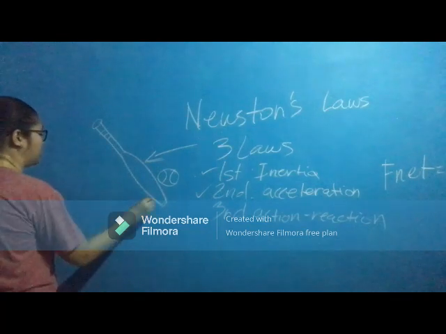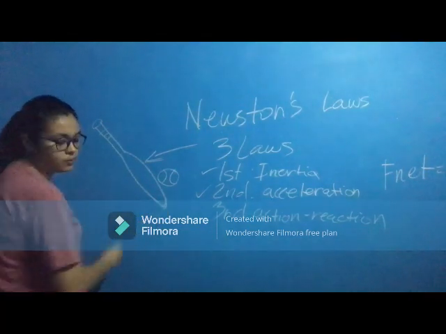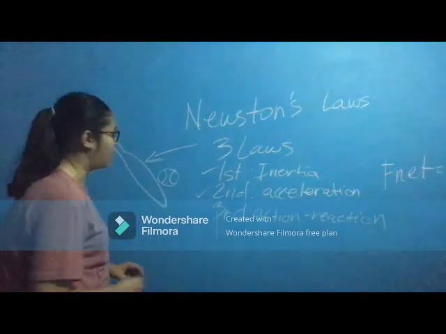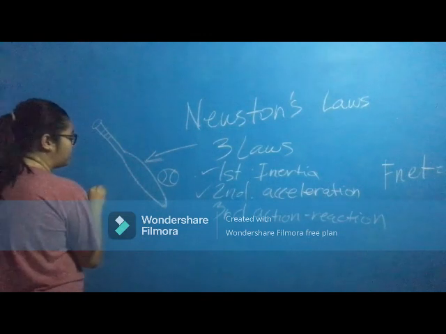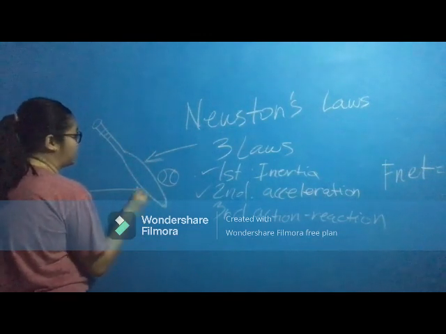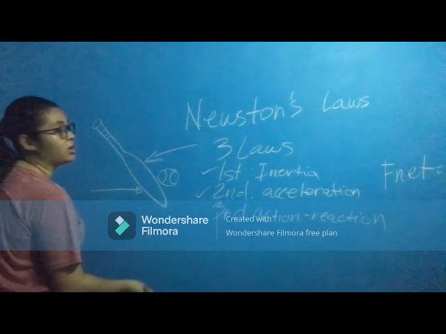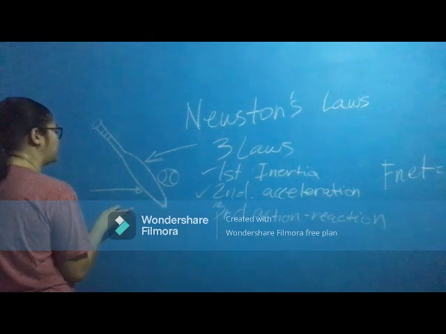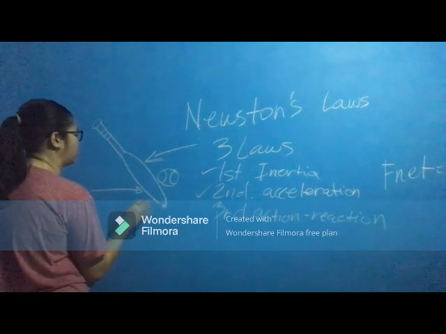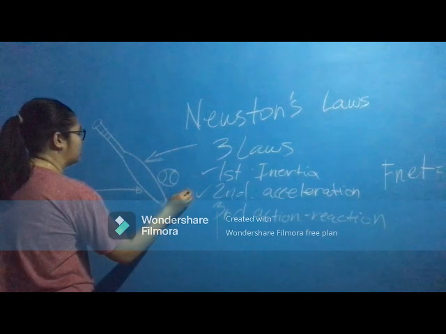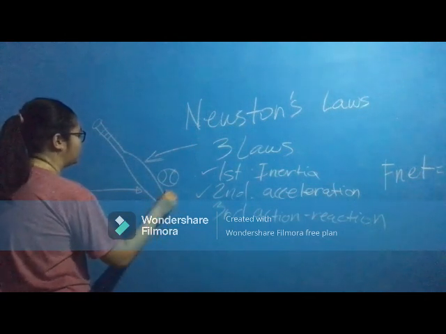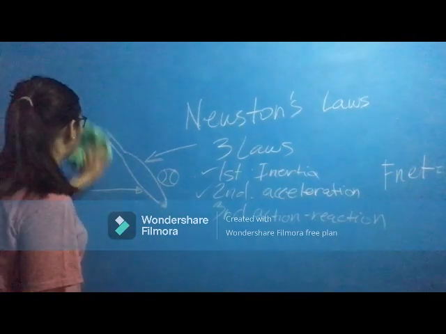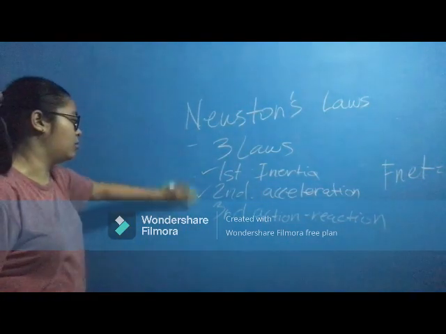Now, on the rules of baseball, we have to push the baseball so that we can hit it. So the baseball bat will go in this direction, while the baseball goes in this direction. It's an action and reaction. There's always an equal and opposite reaction.